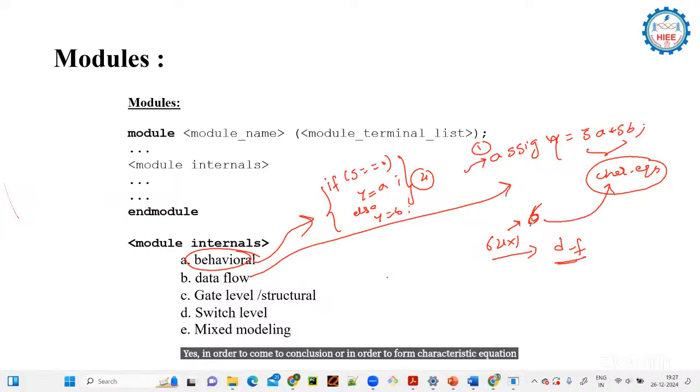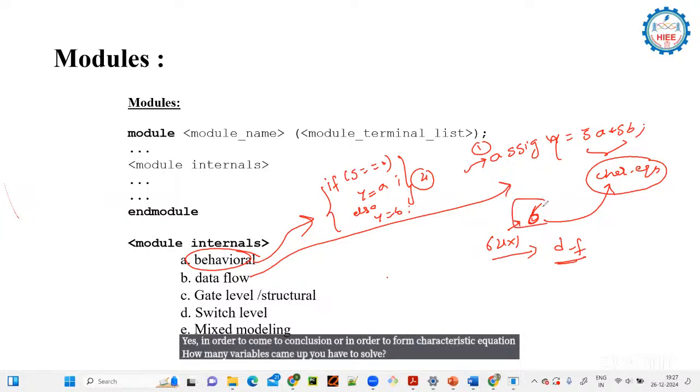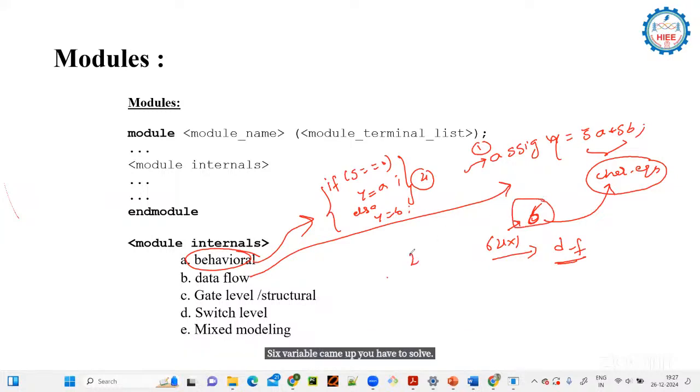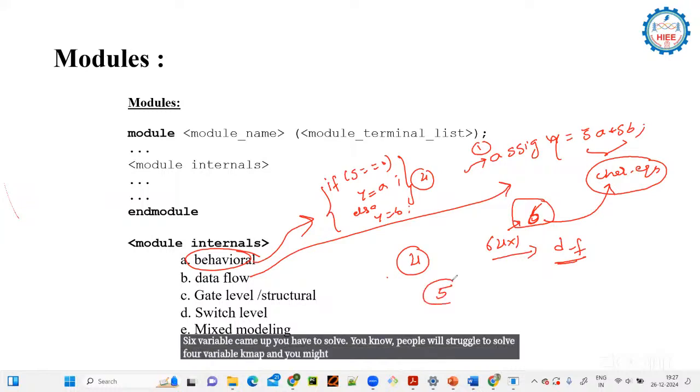People struggle to solve a 4 variable k-map, and you might have hardly solved a 5 variable k-map. But if it is a 6 variable k-map, you will die. It is next to impossible, right?